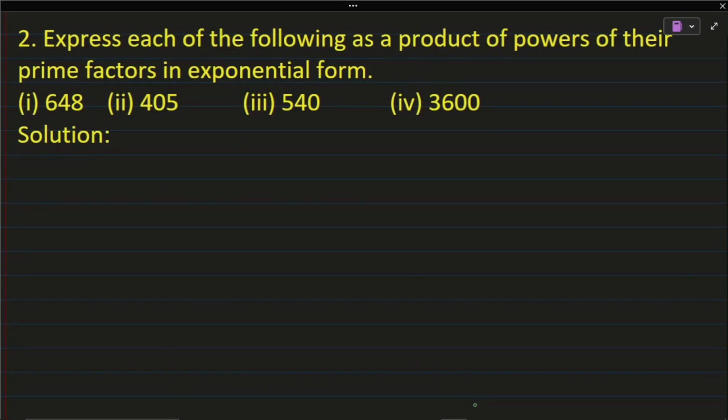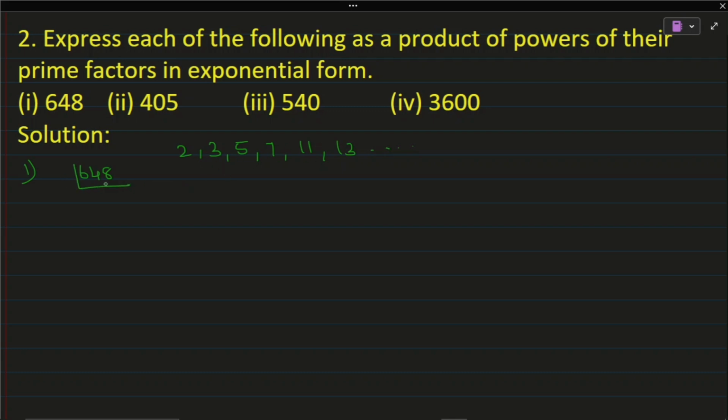Now the next question: express each of the following as a product of powers of their prime factors in exponential form. Here the first one is 648. Prime numbers, you know, are 2, 3, 5, 7, 11, 13, etc. Only these numbers you can use for division.